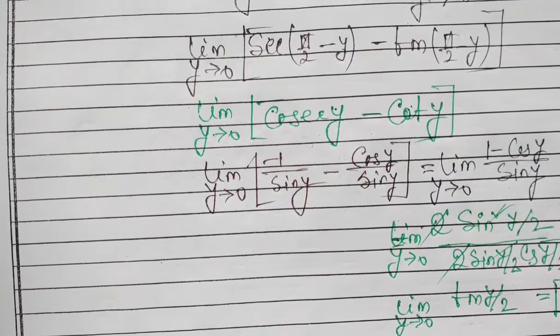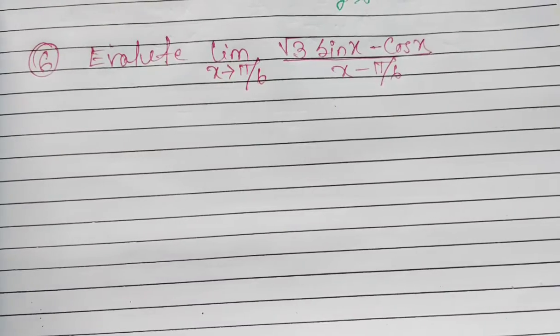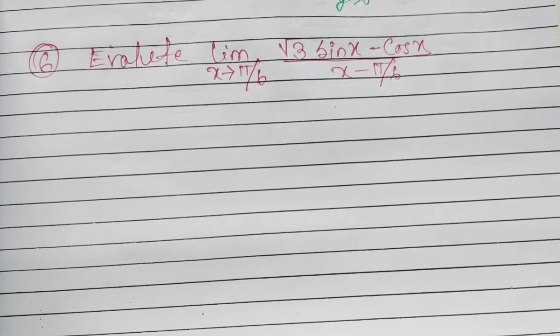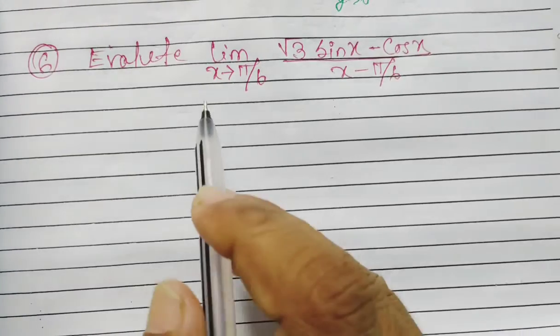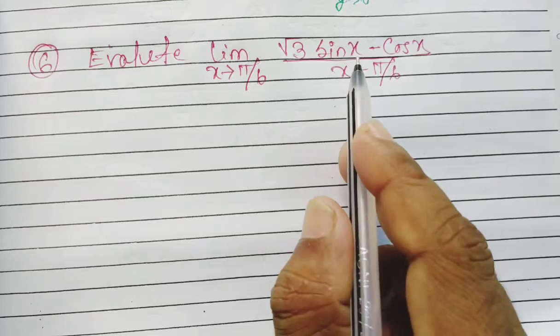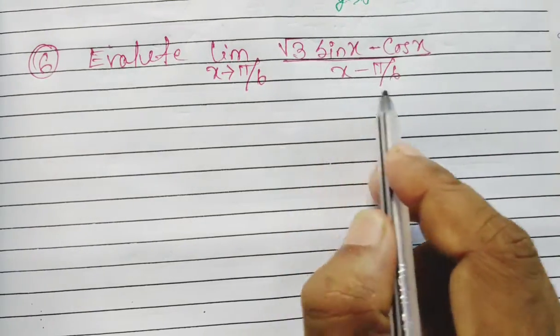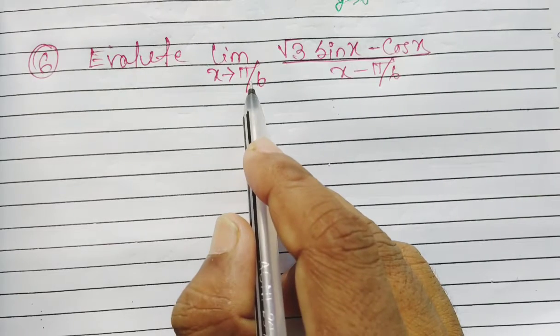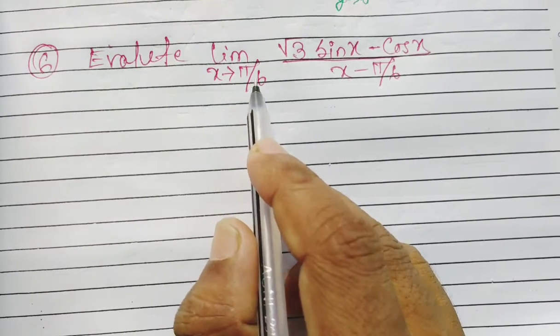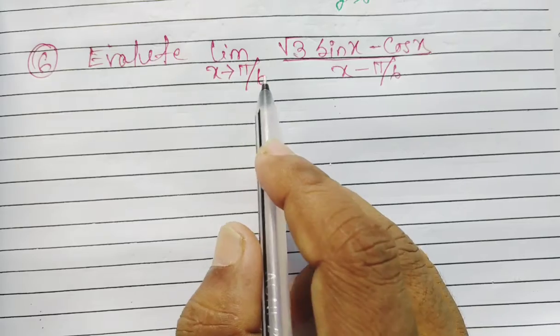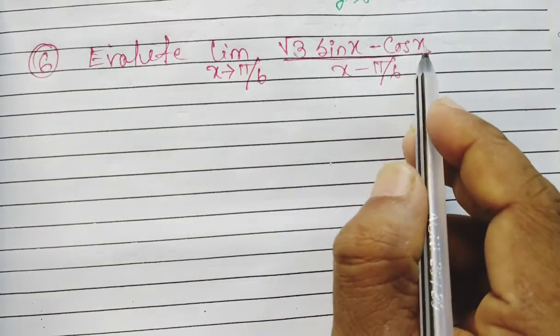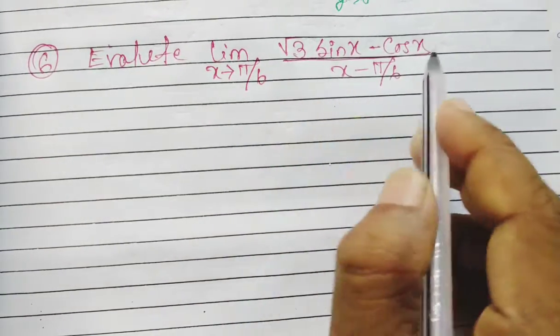Understood everyone? Now try to solve question number 6. Evaluate limit of x tends to pi by 6 of (root 3 sin x minus cos x) by (x minus pi by 6). So here again x tends to pi by 6. At first try to use some formula in the numerator place.